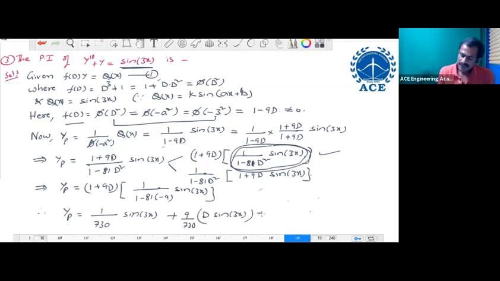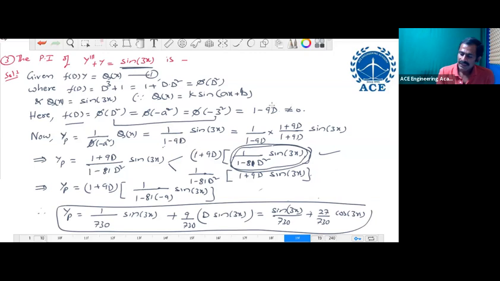Derivative of sine 3x, that is sine 3x divided by 730, plus derivative of sine is cos into 3, 27 by 730 into cos 3x.